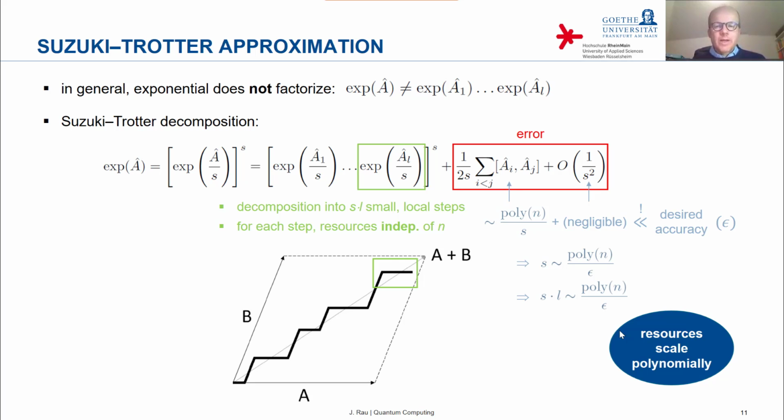This number of transformations, s times L, scales polynomially with the number of particles, and each local transformation by itself is independent of n and requires resources which are independent of n. So overall, the resource requirement scales polynomially with n. And this means the simulation is indeed efficient.